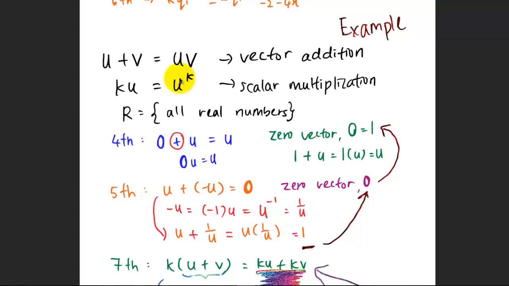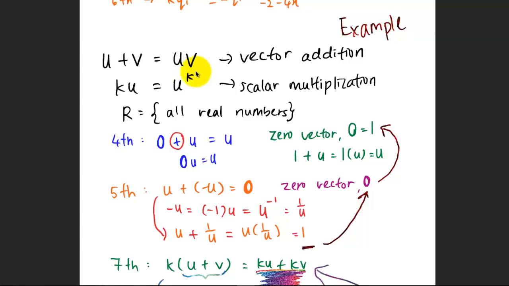So in this case, any operations that involve addition and any operations that involve multiplication, you should use the rules given here. Which means that the addition will become multiplication and multiplication becomes the raised to the power of k.